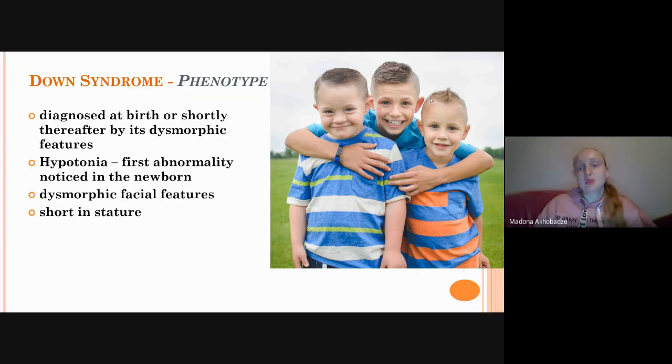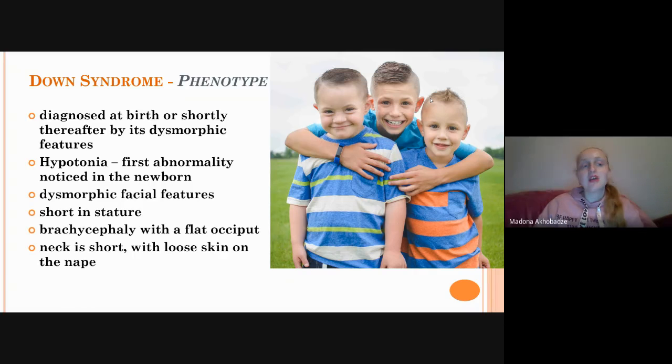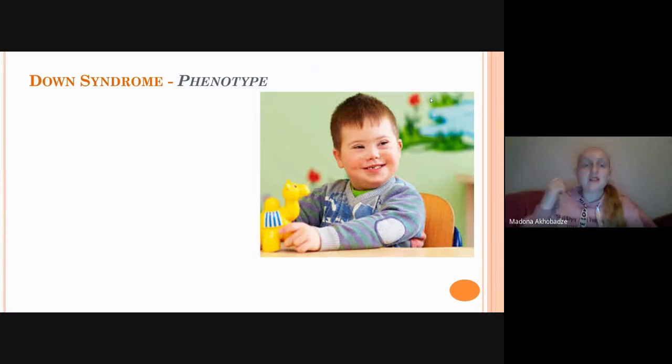They have a short stature, and brachycephaly, with a flat occipital bone. The neck is short with loose skin on the nape, and the skin wrinkles help to diagnose the disease intrauterinely, while the fetus is still in the uterus.